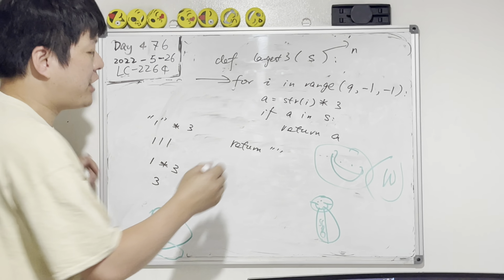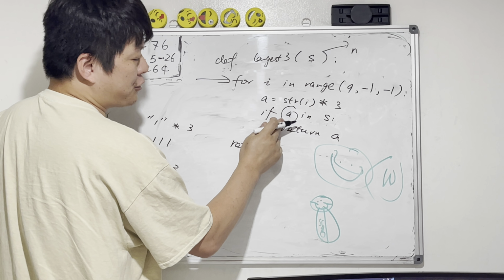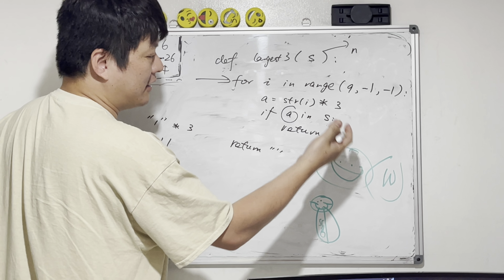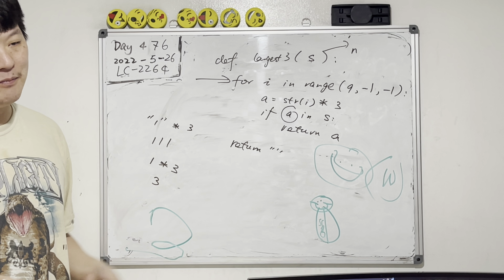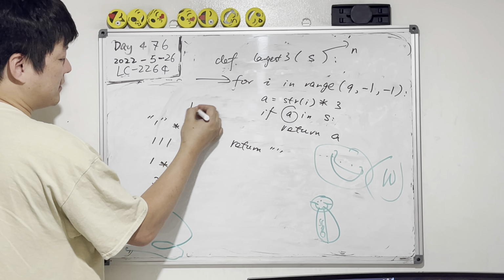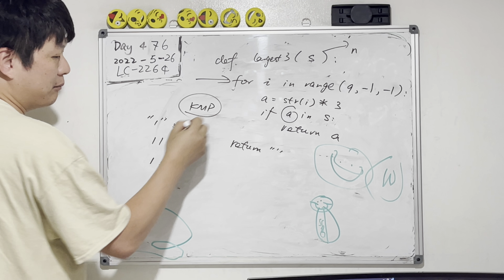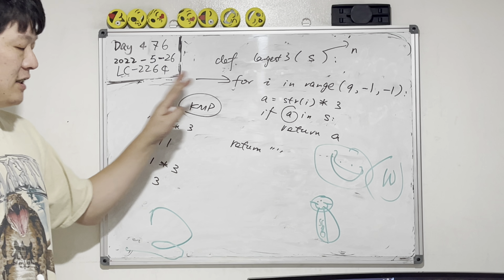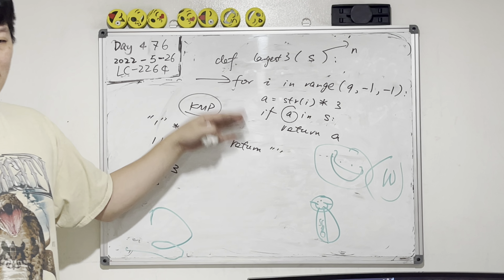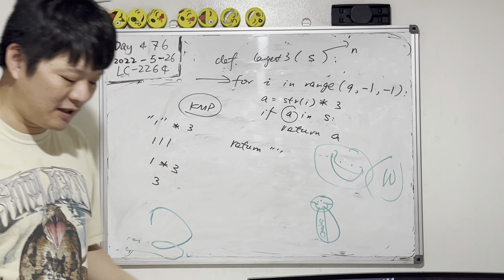But checking if a substring is in the original string takes n time. There's a famous KMP string pattern matching algorithm, but we don't want to go into more detail here. In general, this time complexity is n.